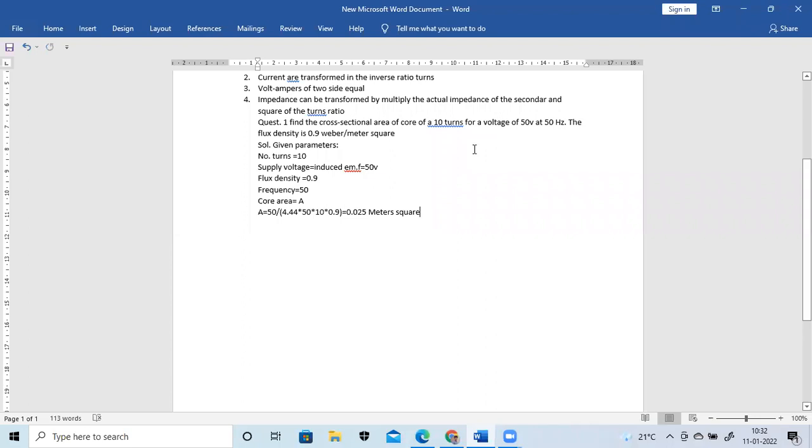Suppose one problem I have left for your practice purposes, the feed forward control system, which you should try to solve at home. Sometimes the load is 10%, sometimes 30% on the single phase transformer, because we don't know how much kVA is coming.